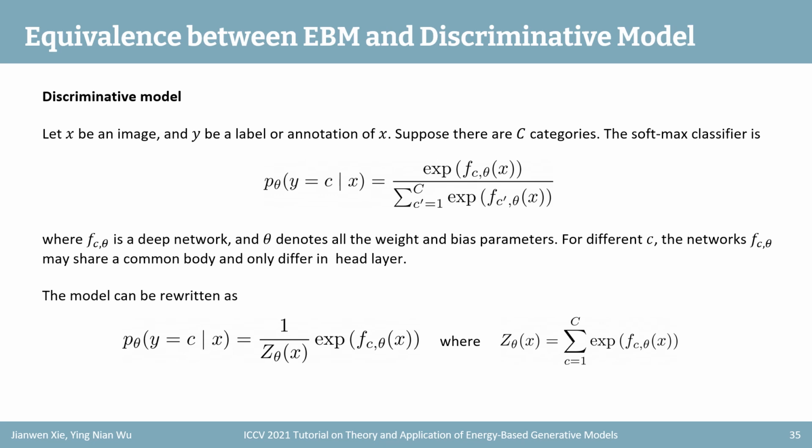Different c can share a common body of the network f and only have a different head layer in f. This softmax model can be rewritten to an energy-based form with Z representing a normalizing constant. Since the space of c is small, the computation of Z is tractable.